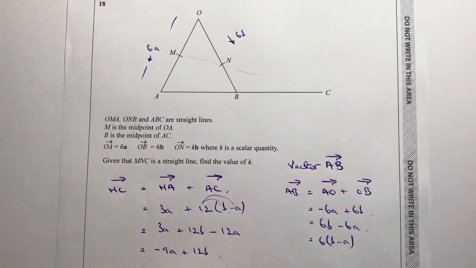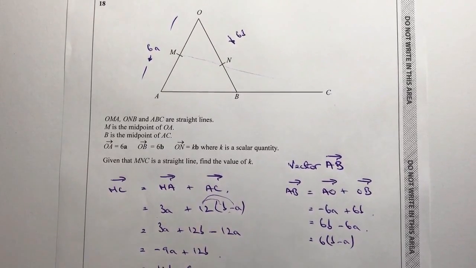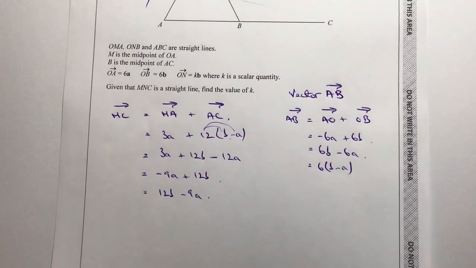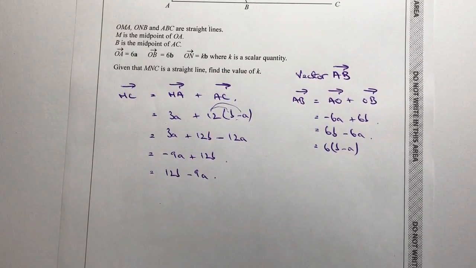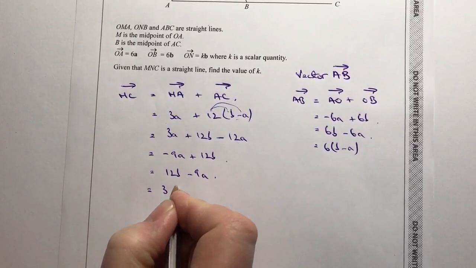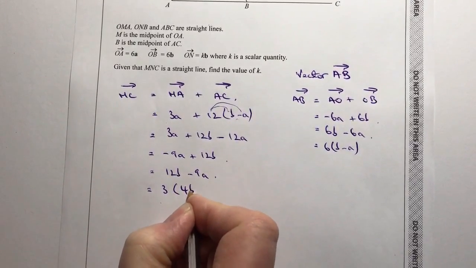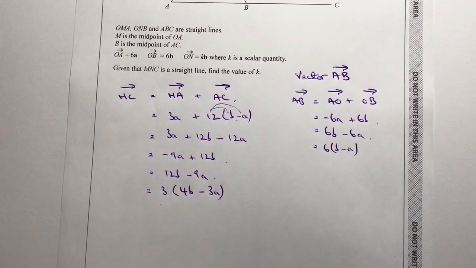Let's write that as 12b minus 9a. I hope you can see that okay. And then I'm going to factor out the value of 3, so that's going to work out as 3(4b minus 3a). Hope you followed that okay with this one.